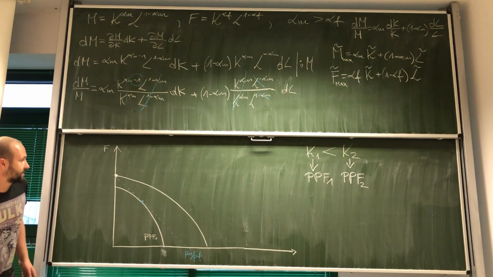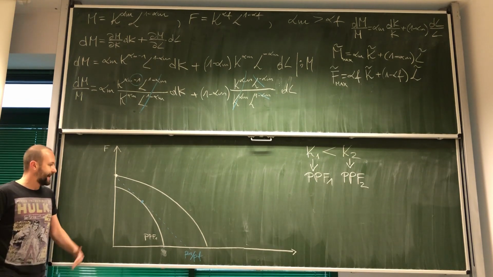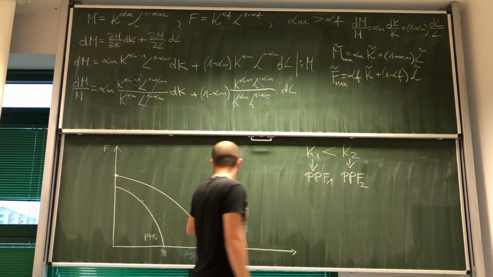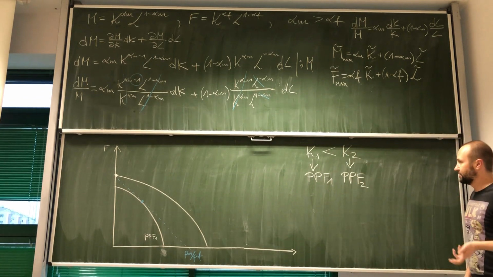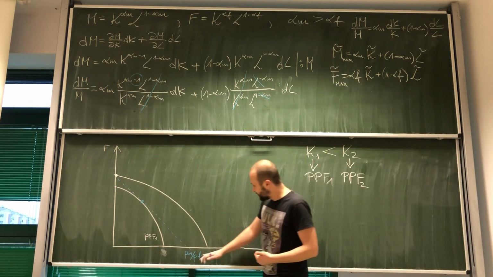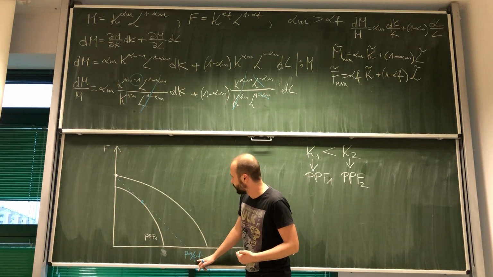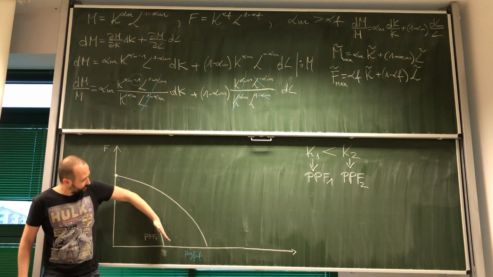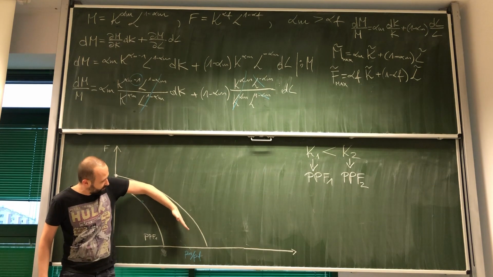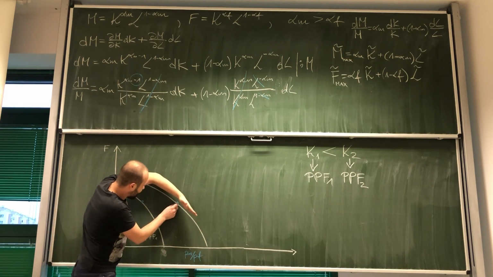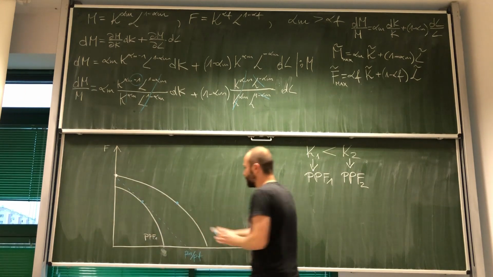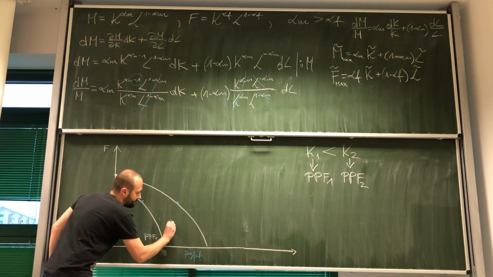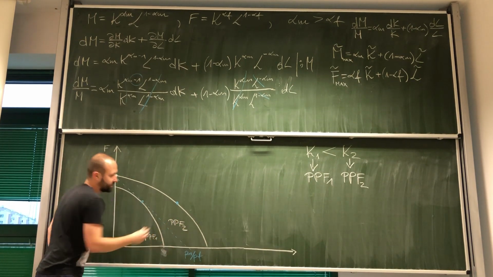Okay, now, what would I do? What should we do next? Well, again, we should find a point at which level of production in this economy will be chosen. For that, again, I need to use price of manufacturing to price of food ratio. So I should take this line, I should go up here, go up here, go up here, go up here, until I would arrive at a point where it is tangent to a production possibility frontier number 2, right?